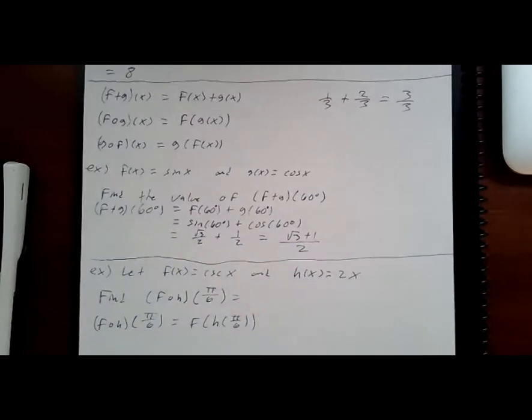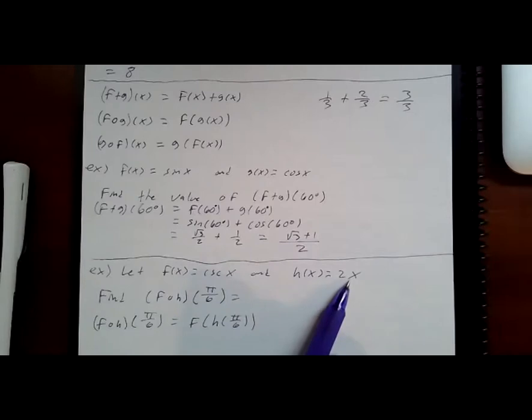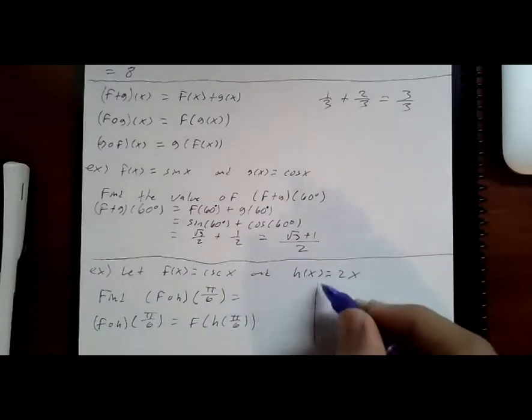Okay? So don't let the notation mess with you. We just gotta figure out what the heck is h of pi over 6. And once you find that, you plug it inside the f, because that's what this is saying. F of h at that number. Okay? So here's h. Let's just go ahead and do that over here on the side.